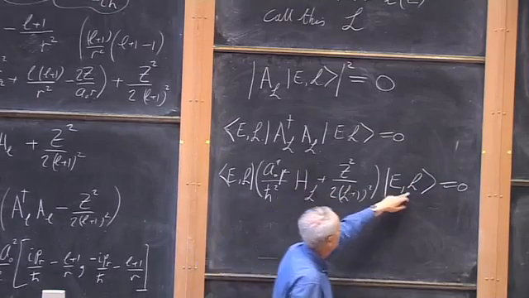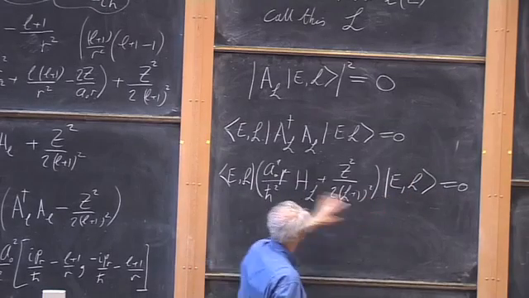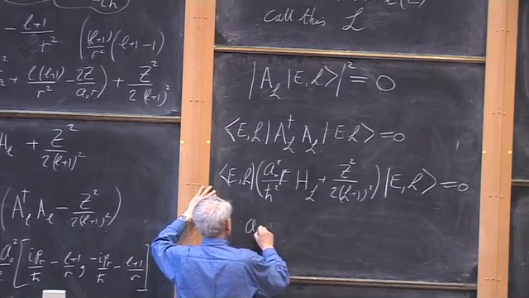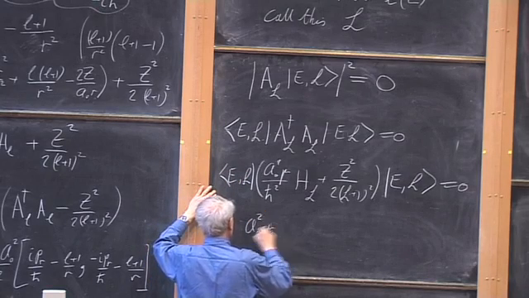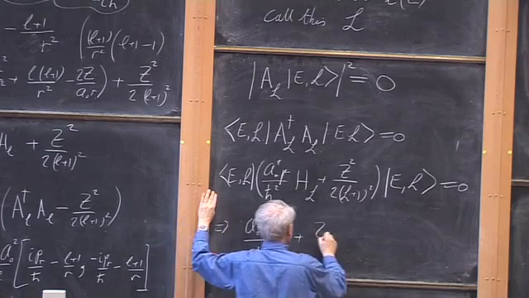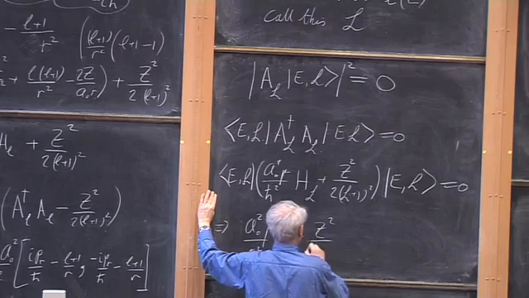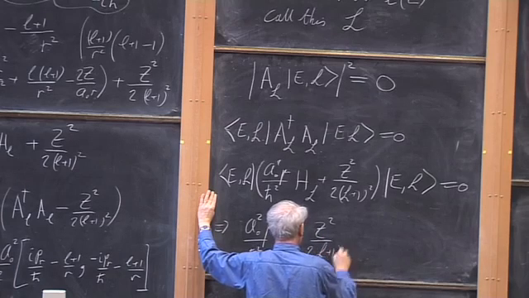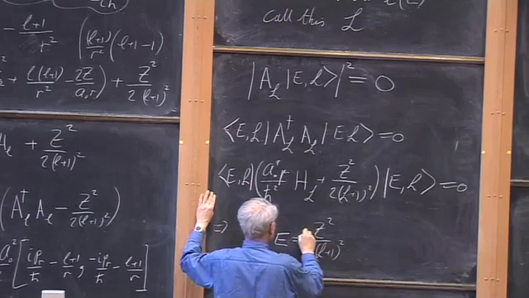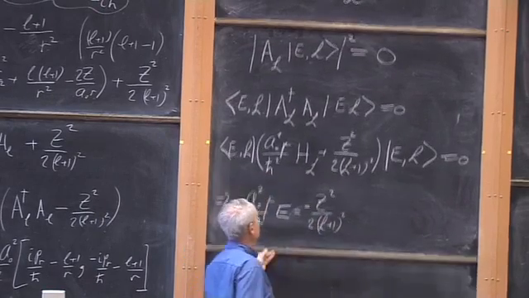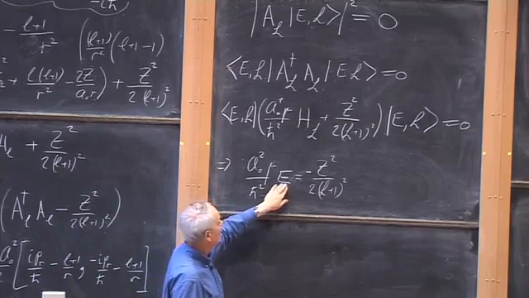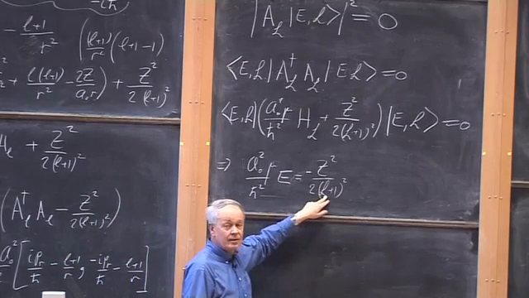This gives me E times this, and this is left over, and it bangs into this and makes a 1. So this implies that a naught squared mu over h bar squared, E plus Z squared over 2 L plus 1 squared is nothing, or perhaps I should write this as equals minus. So what have we done? We've got a relationship between the energy and the maximum allowed angular momentum.